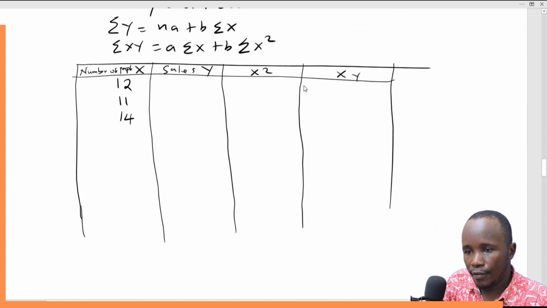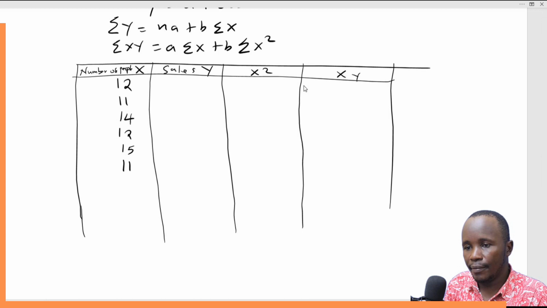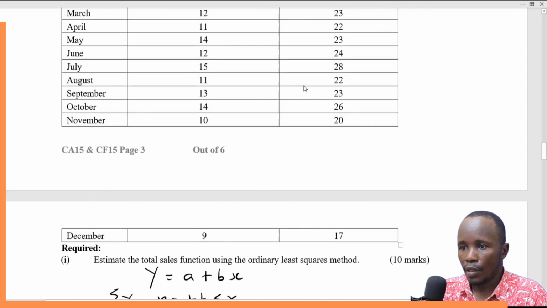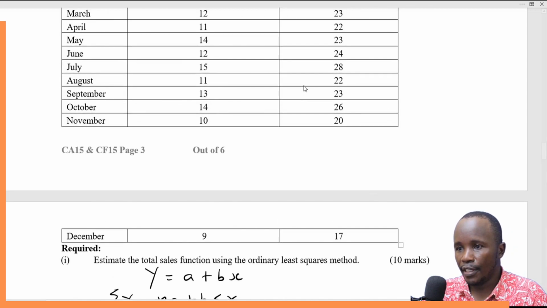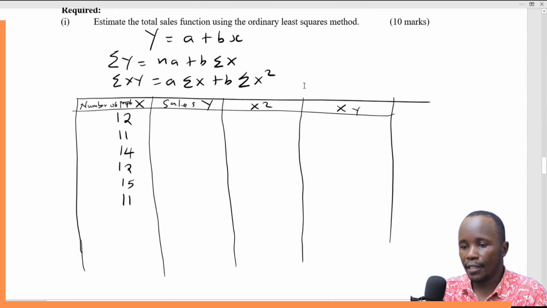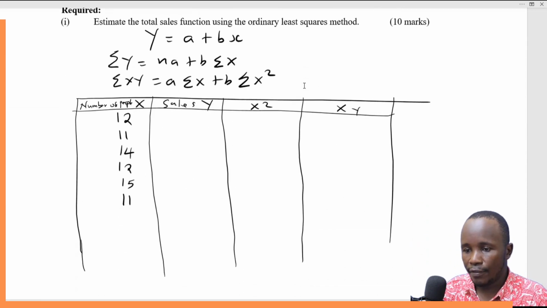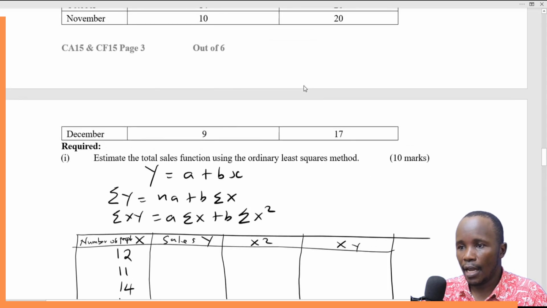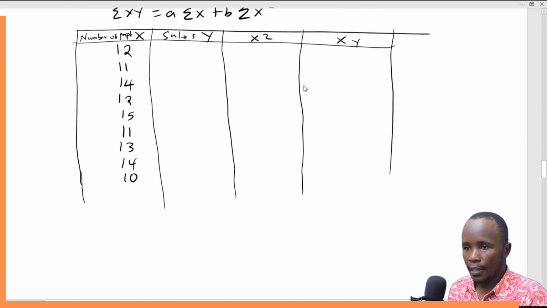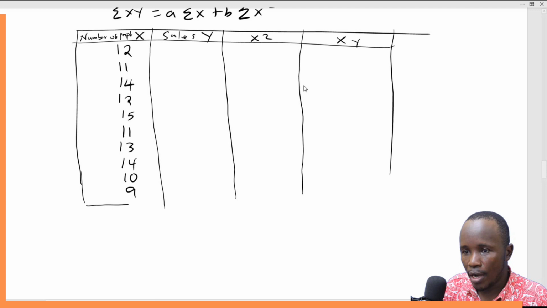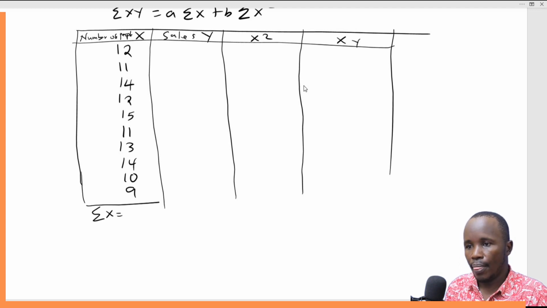Then 13, 14, 10. And finally, I have 9. The last one is 9. Then I'm going to add all this so that I can get summation of x.